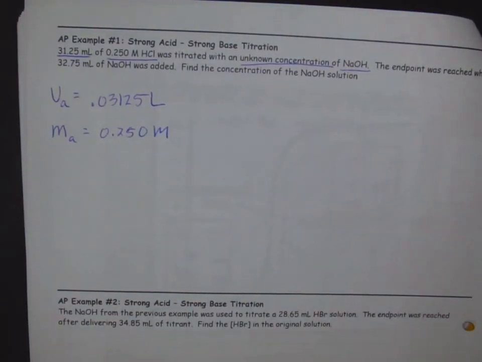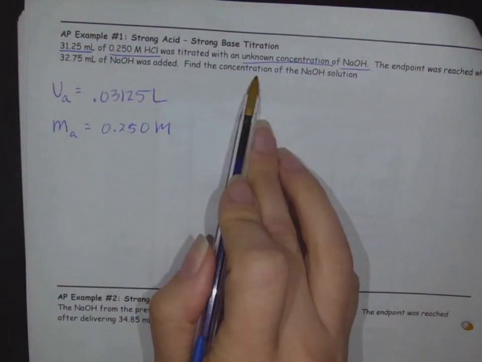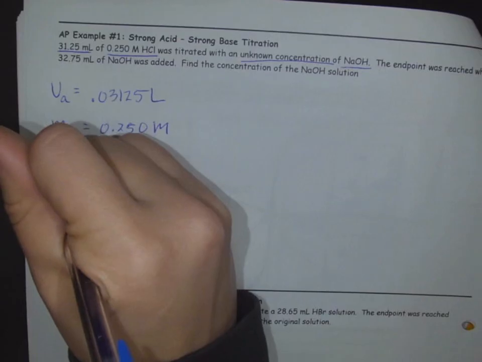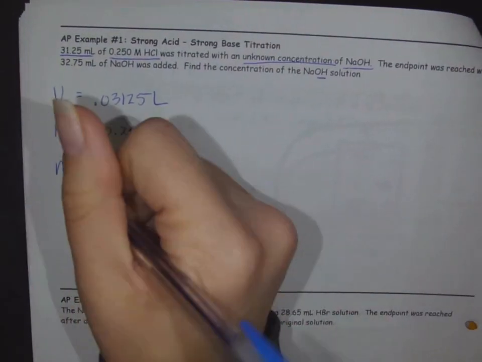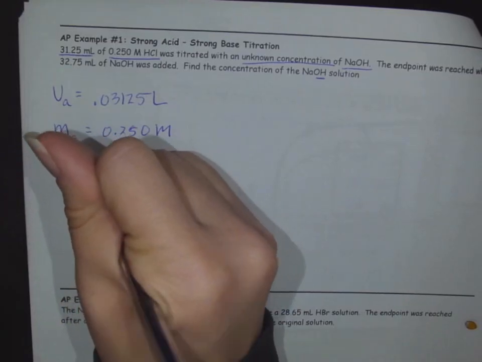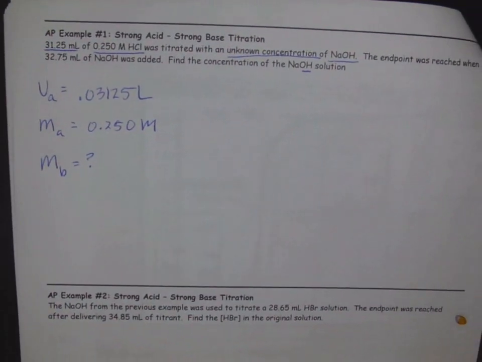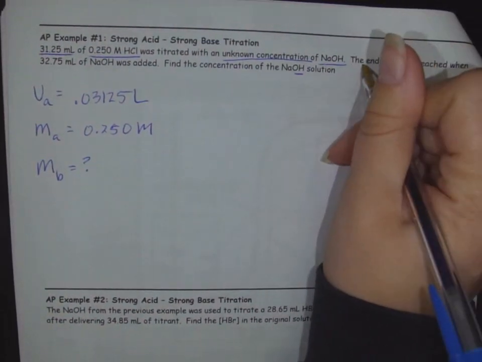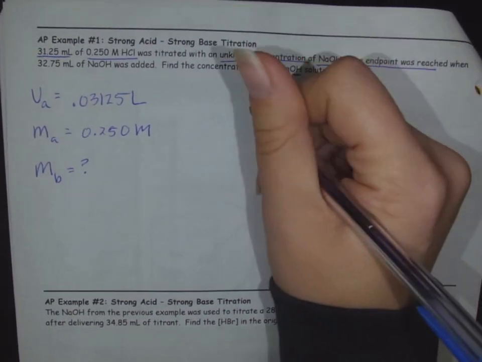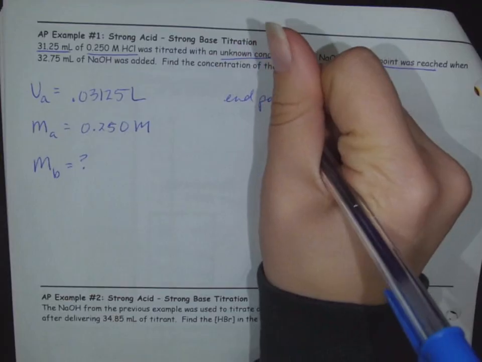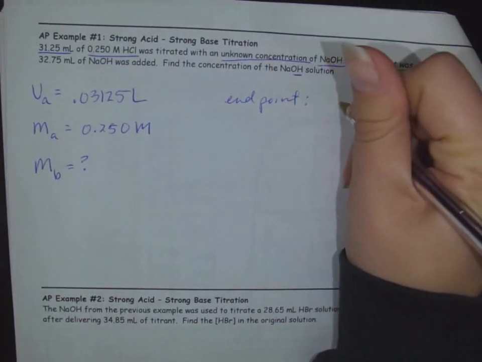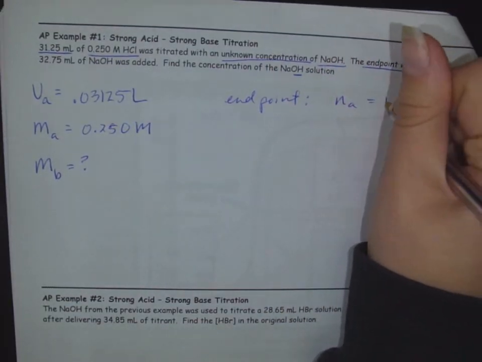Okay, so it looks like we're going to be finding this concentration of hydroxide, and hydroxide's a base. We see that hydroxide OH at the end there. So we're going to be solving for this concentration of the base. The end point was reached. Now that's important because this end point justifies that the moles of the acid equal the moles of the base.